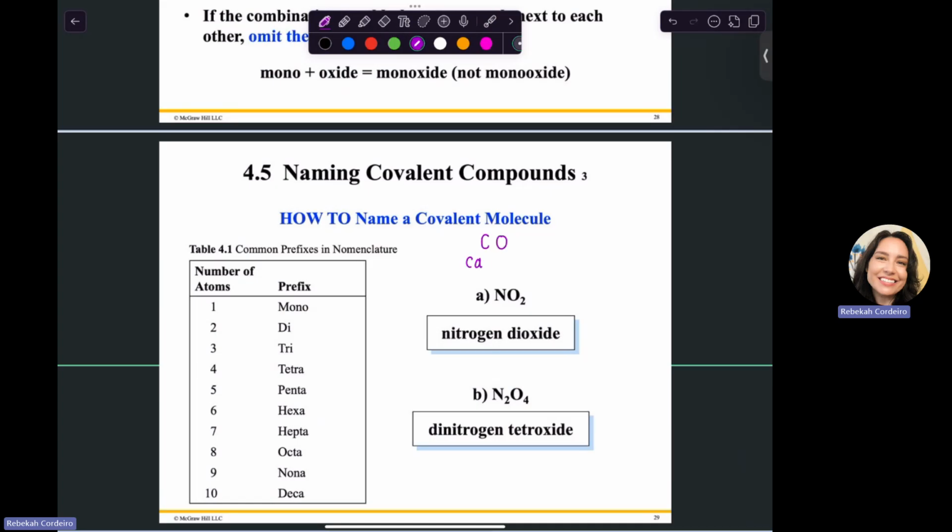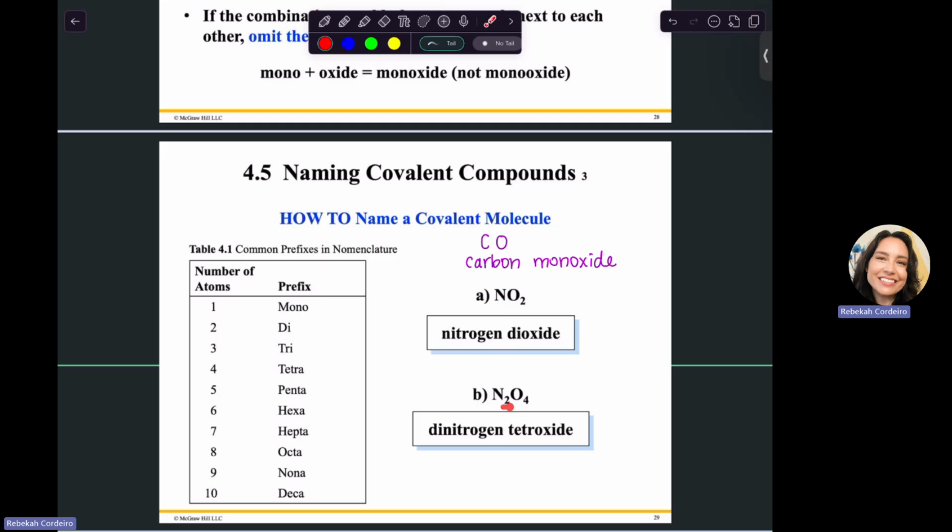CO is called carbon monoxide. So we do use mono on the second element, just not on the first element. Then the second element here is oxygen, so we changed it to oxide, and there are 2 of them, so we say di, and we say dioxide. Nitrogen dioxide means NO2. Carbon dioxide means CO2.